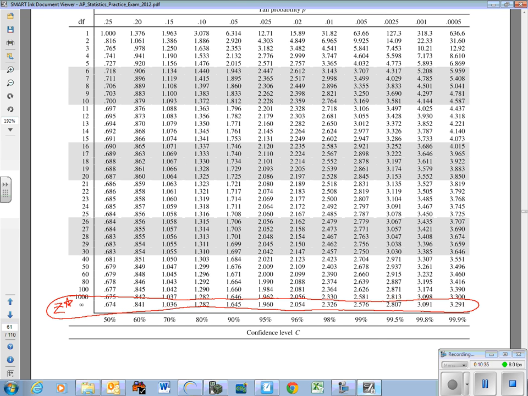So let's talk about what it means. Let's use 95 because a lot of the time we use 95. The Z-star level for 95% is 1.960. When we do the 68, 95, 99.7 rule, the two standard deviations out that correspond with 95% is actually an estimate of that 1.96. It's not really 2 steps, it's 1.96 steps.